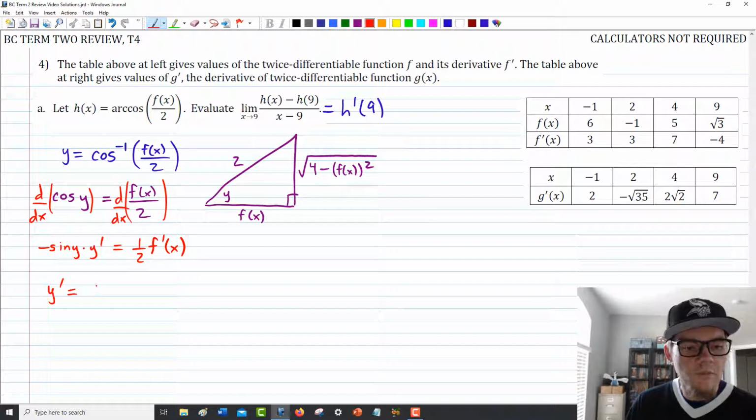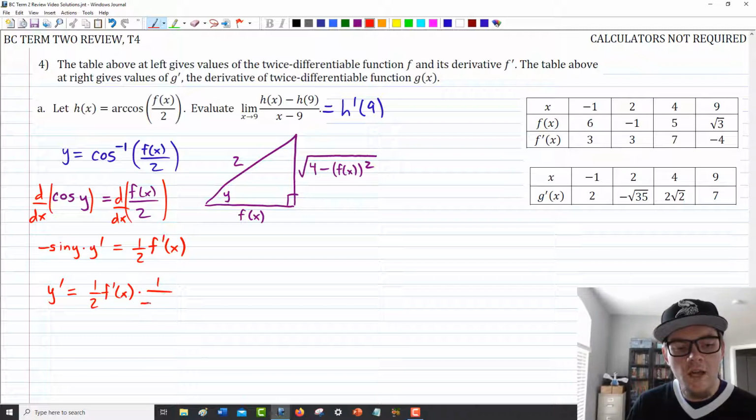That's going to be equal to 1/2 f prime of x times 1 over negative sine of y. I just don't like that notation, it looks kind of awkward to me. So I'm going to rewrite this as negative f prime of x over 2 times cosecant of y. I've just rearranged all the ingredients here.